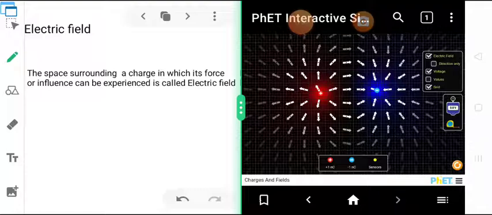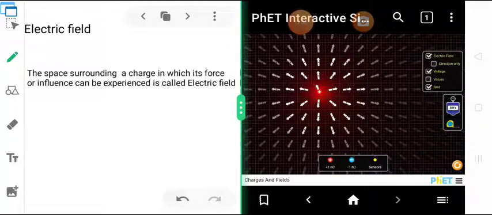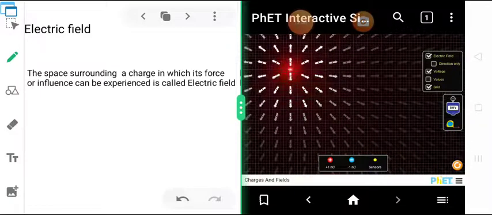Now one question might arise in our mind: what if we have one positively charged particle kept in a certain region and we have to bring another positively charged particle from a far off distance into the electric field of this positively charged particle?